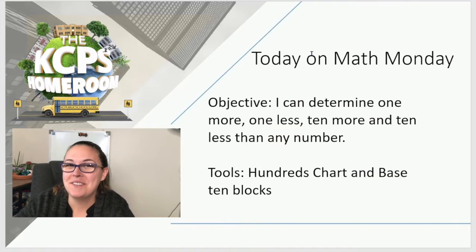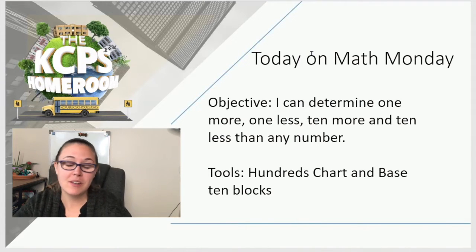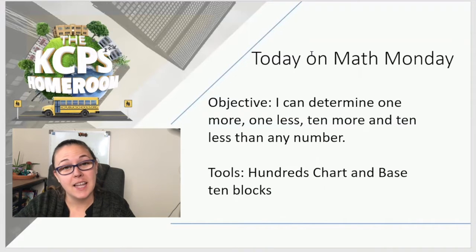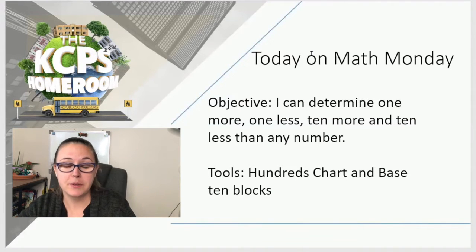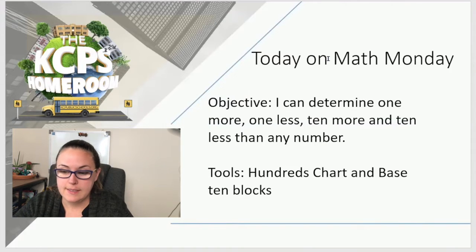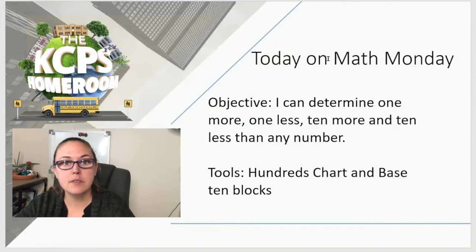Hi friends, how are you doing today? This morning we are going to build on our knowledge that we started working on last week in regards to place value. So this week we are going to have a very focused lesson that stems from place value and goes into comparing numbers.